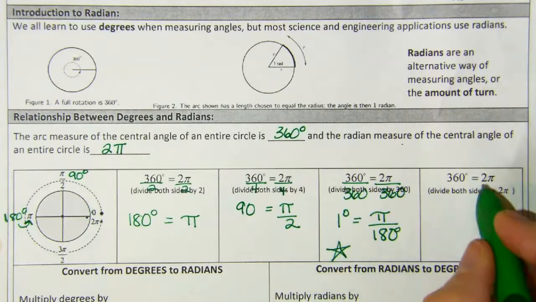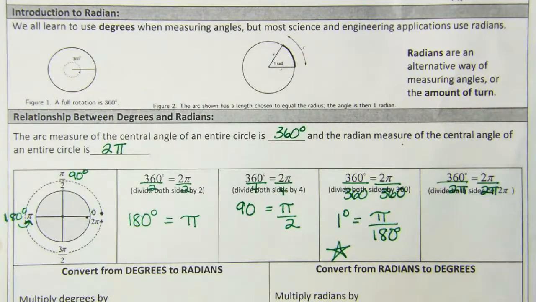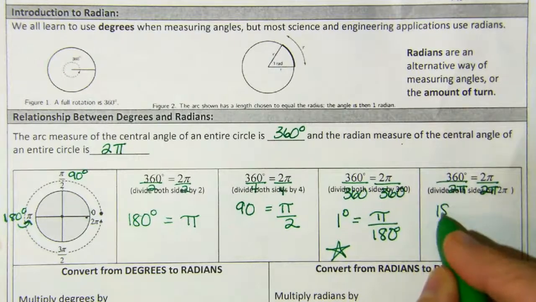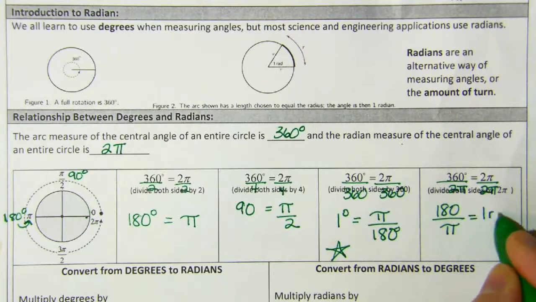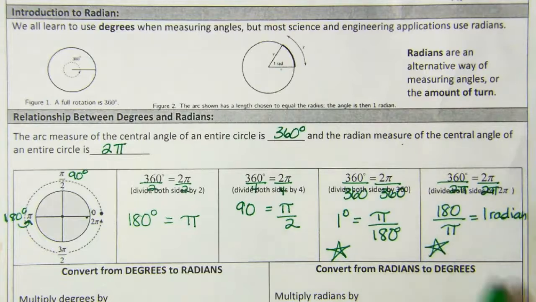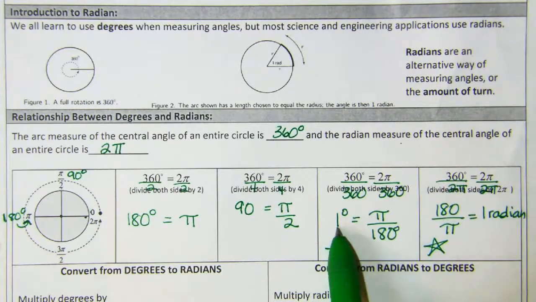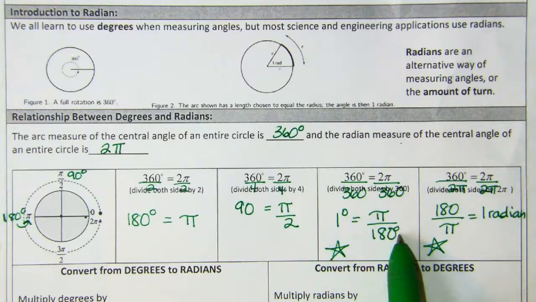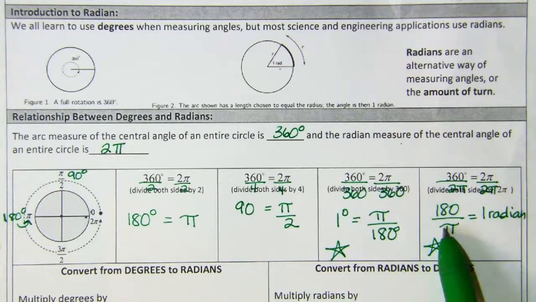Now if I go the other way and I divide by 2 pi on both sides, I'm going to get 180 divided by pi equals 1 radian. So that is also important. Now we have them broken down into ones. So 1 degree is pi divided by 180, and 1 radian is 180 divided by pi.